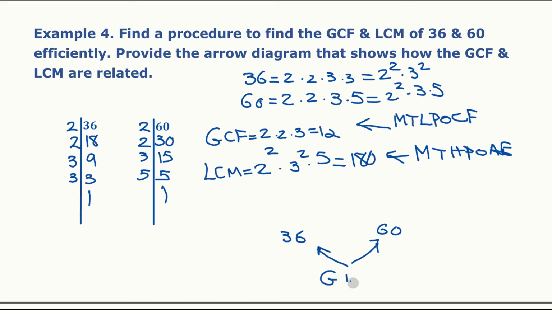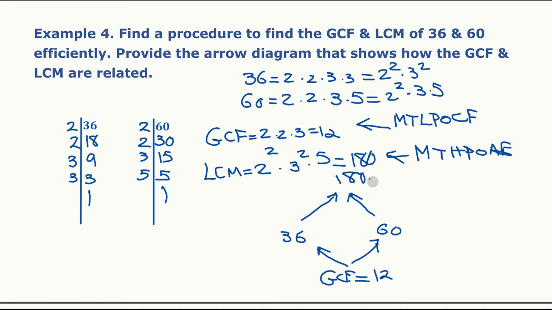That's going to be the GCF. My pen is not cooperating. All right, so we get GCF equals 12. And the smallest number that they both go into is going to be 180.